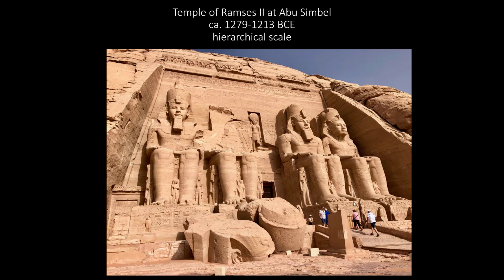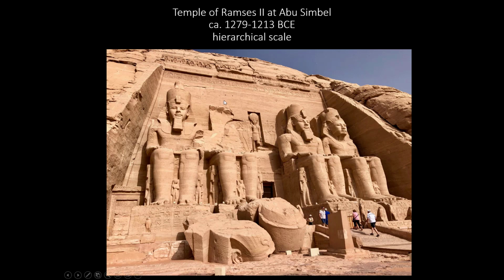This doesn't mean that you can't relate it to a painting, because you could talk about a painting that's large in size, or you can talk about a painting or another two-dimensional work that contains what we call hierarchical scale. Hierarchical scale is where size is used to convey hierarchy. Size is used to convey power. We are going to see this so much in this class.